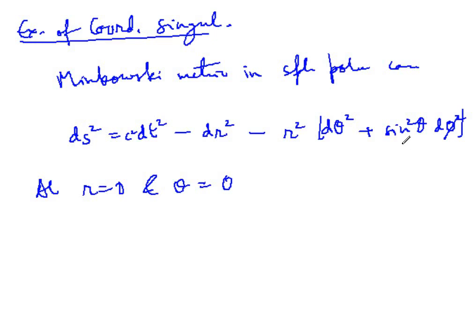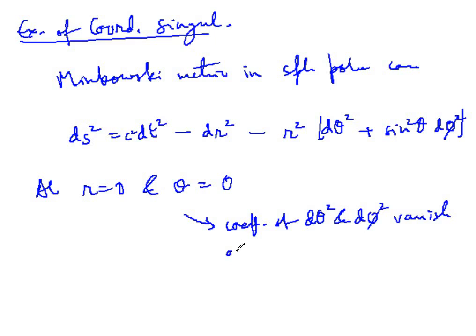So, along with the determinant, at these values, the coefficients of d theta square and d phi square vanish, along with the determinant of g.